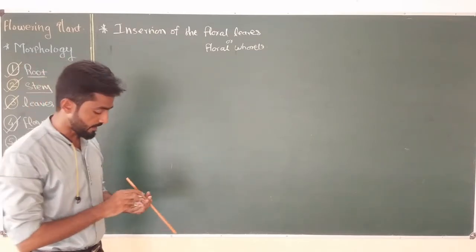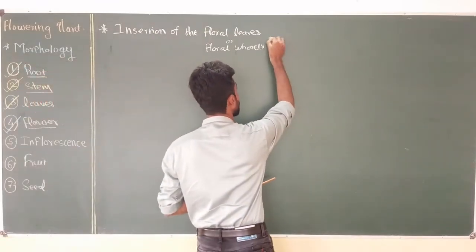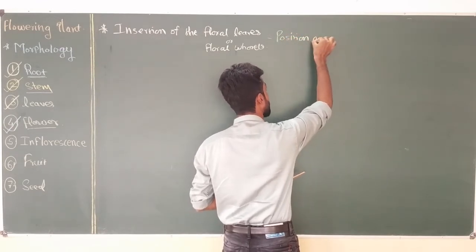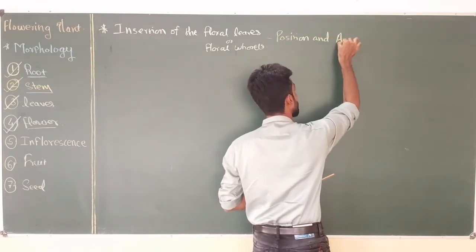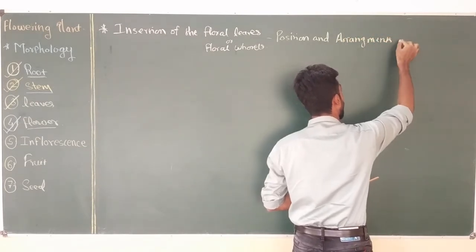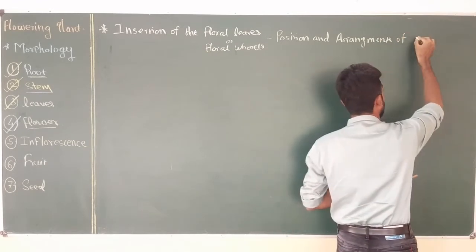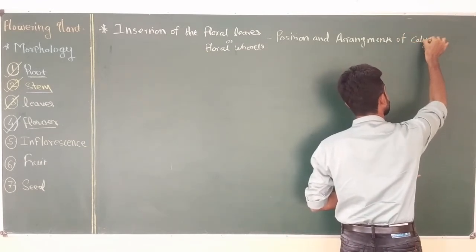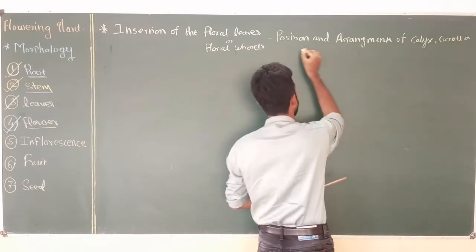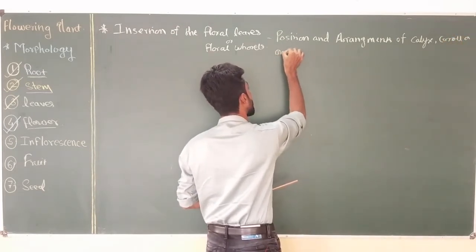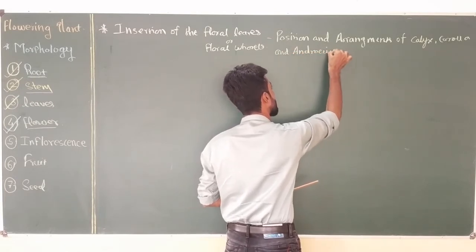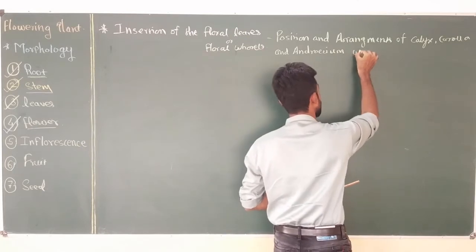Okay, it is nothing but the position and arrangement of calyx, corolla and androecium with respect to gynoecium.